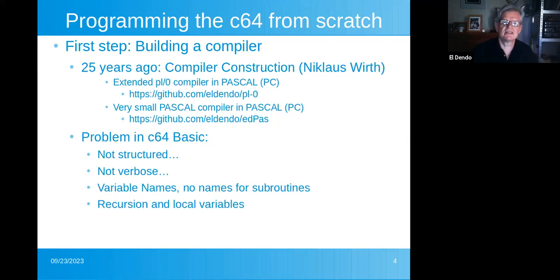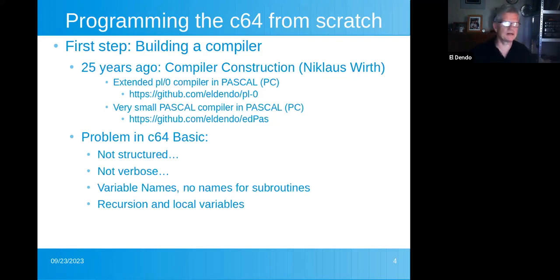For those interested, I added the GitHub addresses where that is. I had fun with that, but for the Commodore 64, I wanted to do the same. In fact, I wanted to make a Programming Language 0 compiler for the Commodore 64 in BASIC.